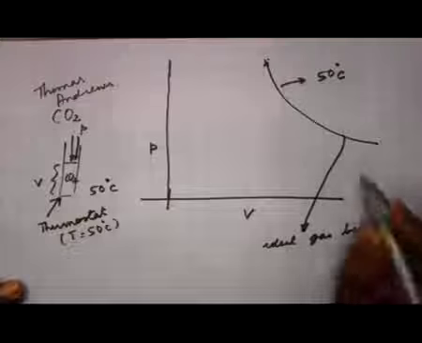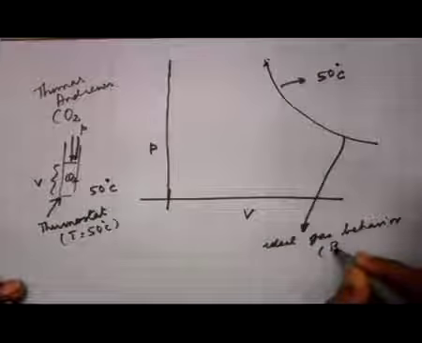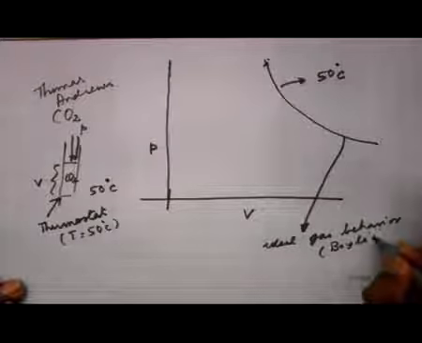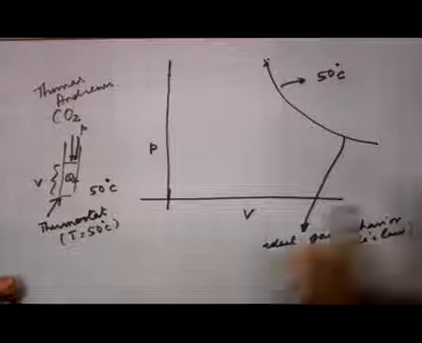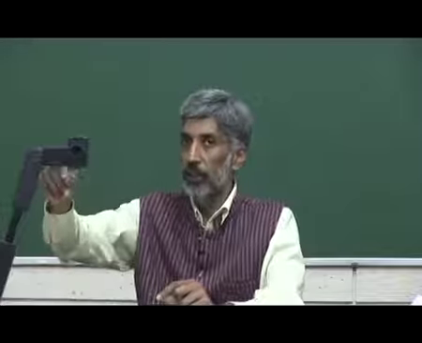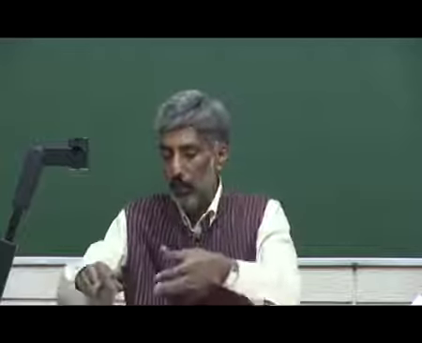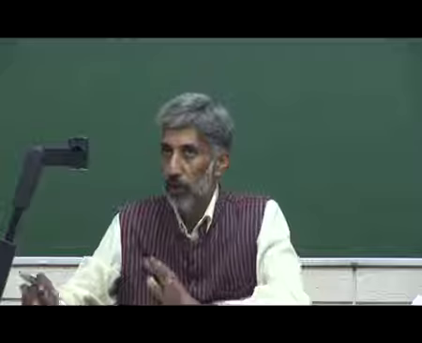How do we explain this? This is nothing but Boyle's law, the inverse relationship between the pressure and the volume at constant temperature for the same mass of gas, which we are not changing. So the PV relationship is like a rectangular hyperbola.